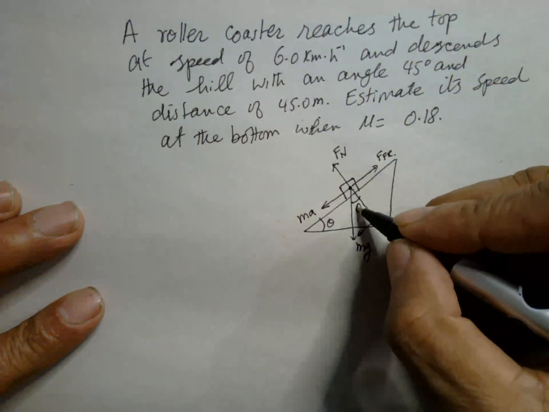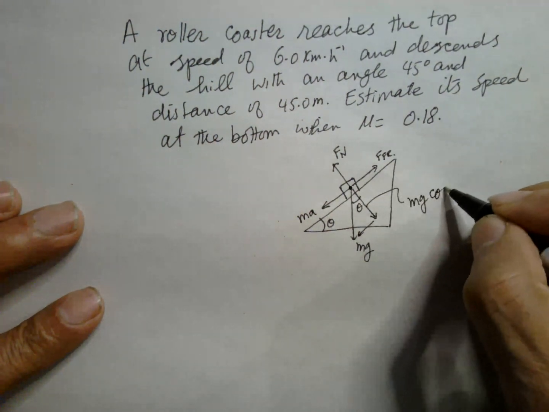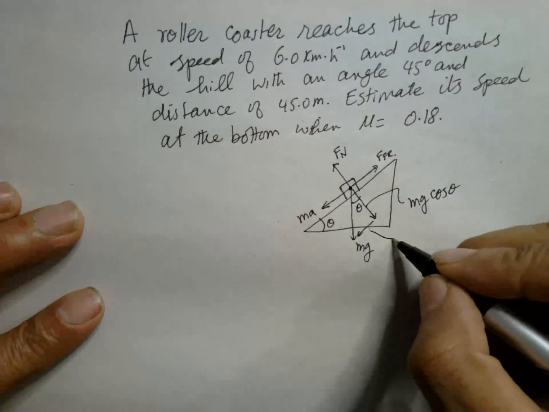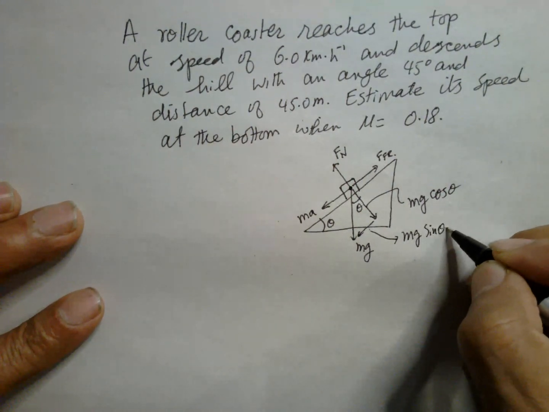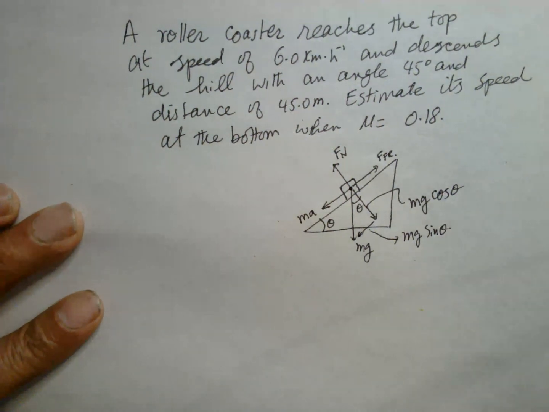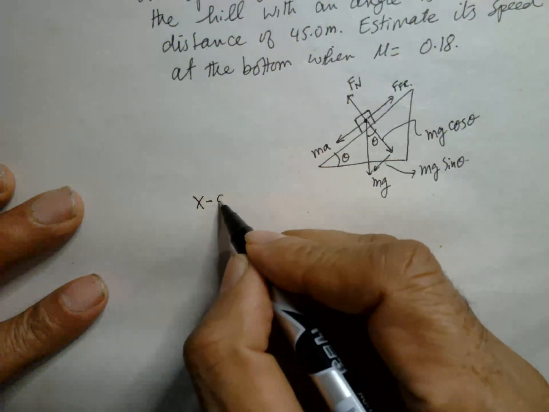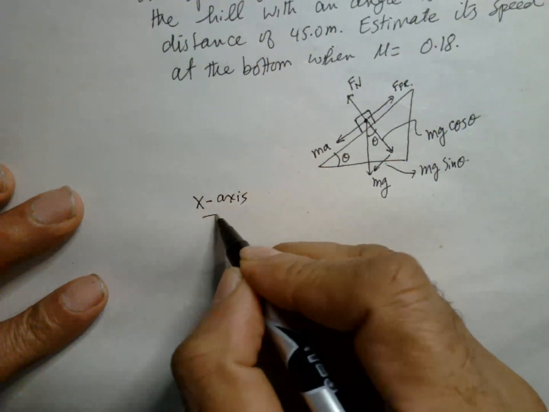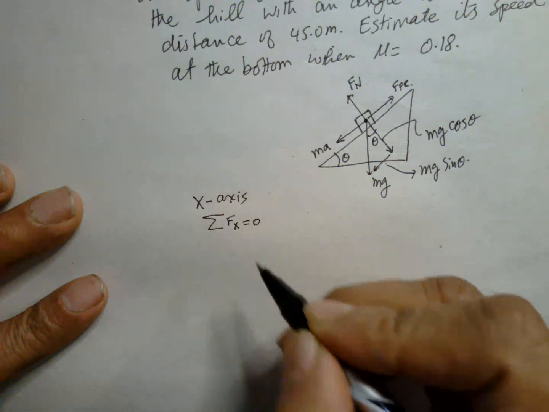This is angle theta. This is equal to mg cosine of theta, and this is equal to mg sine of theta. So we will resolve this. Along the x-axis, the sum of all forces along the x-axis is equal to 0.